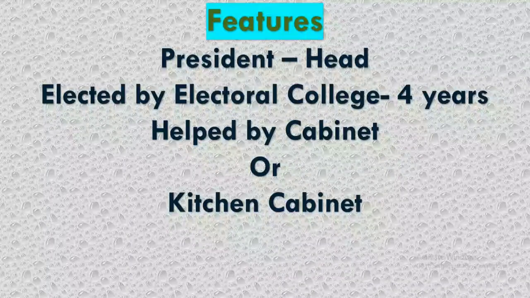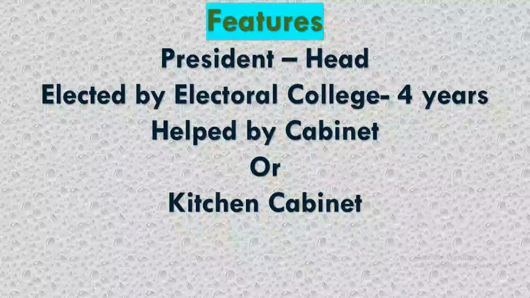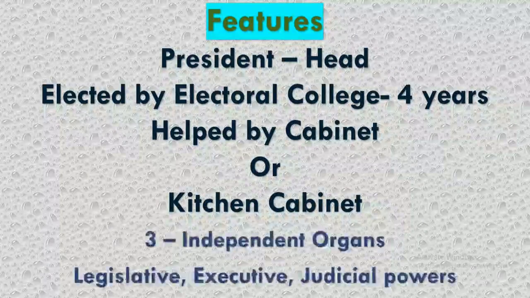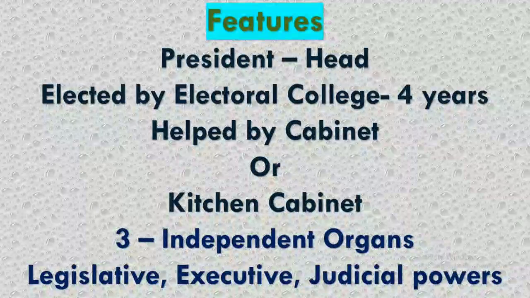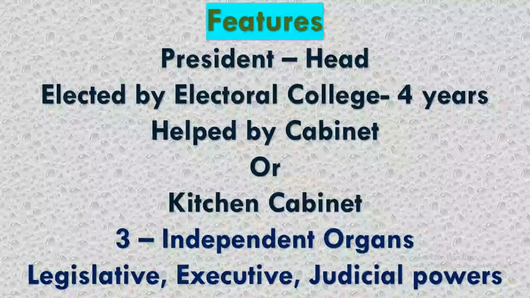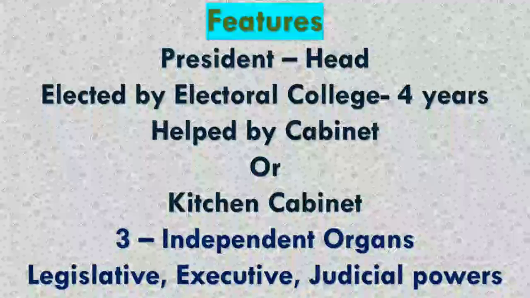He is helped by the cabinet ministers, who are also called the kitchen cabinet, a smaller body. It has 3 independent organs: the legislative, executive and the judicial. So all comes under the control of the President.